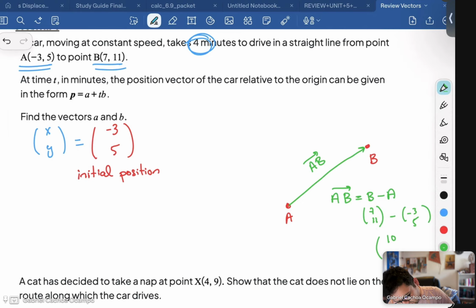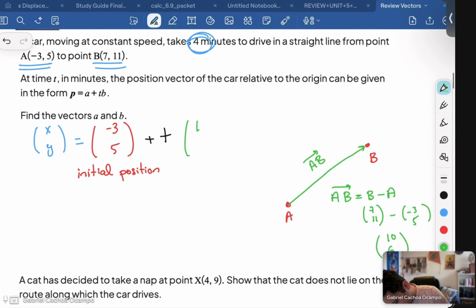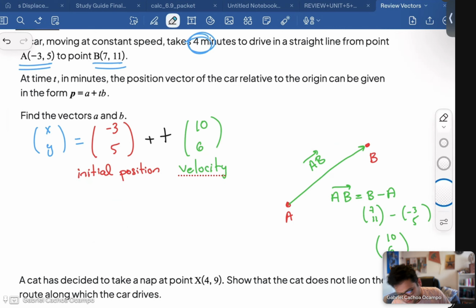And 11 minus 5, that is 6. So if I write it down here, my equation is -3, 5 plus t times 10, 6. And this being my velocity vector, this answer would be wrong.